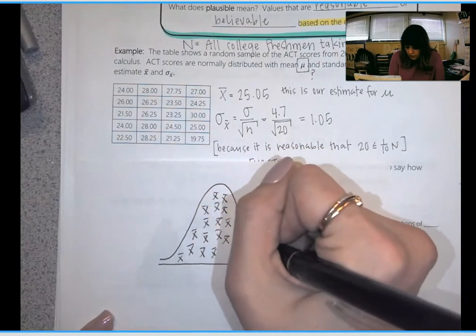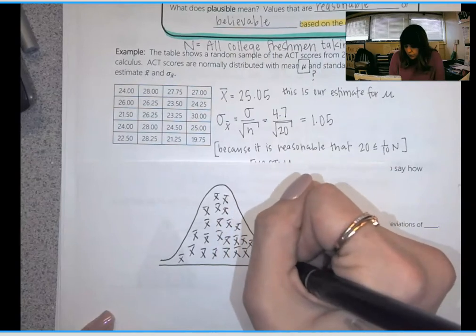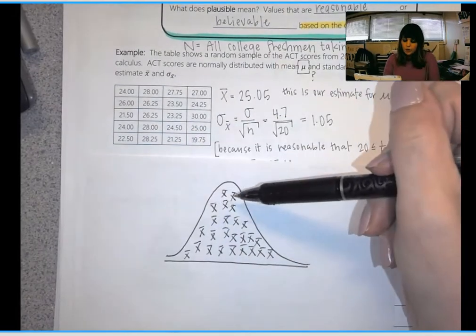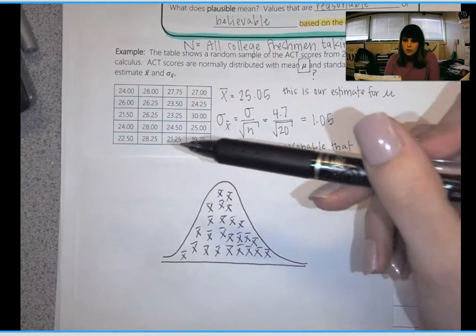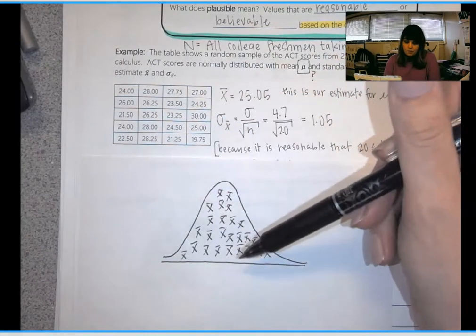This also comes from last unit. We know that the distribution that this sample came from is normal.